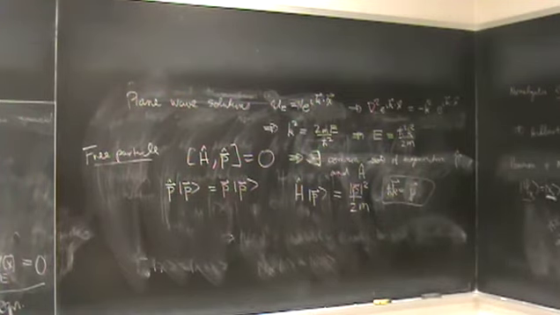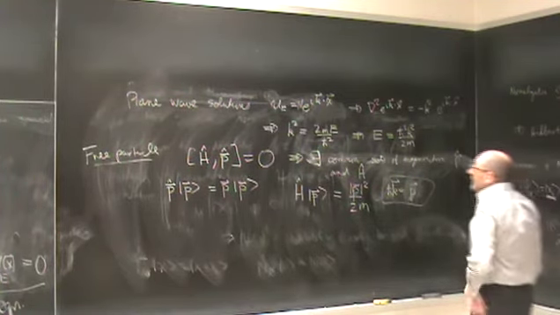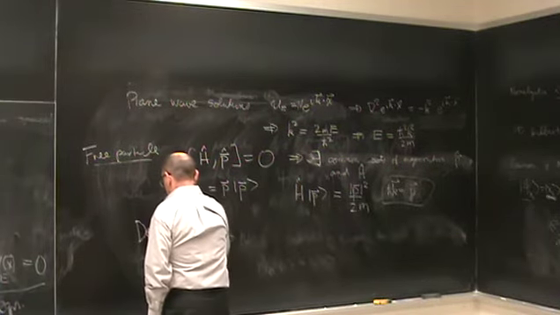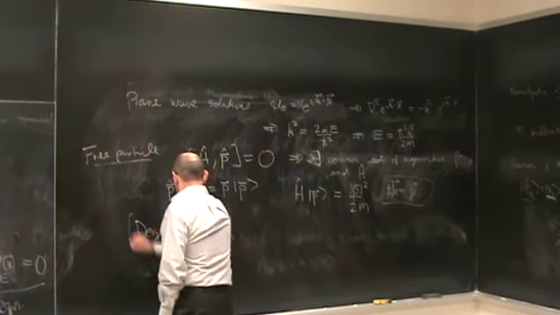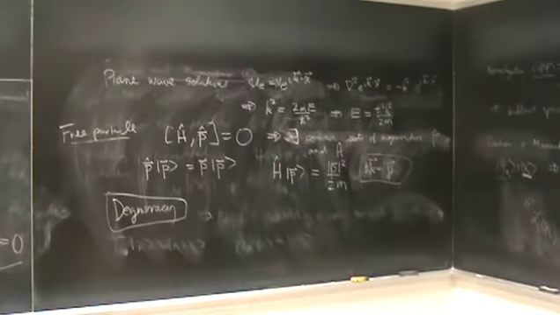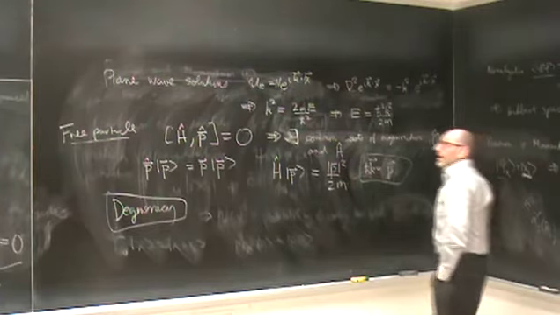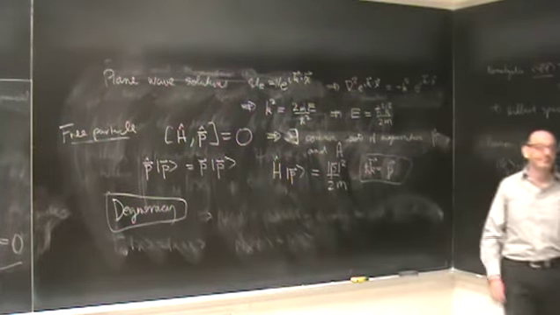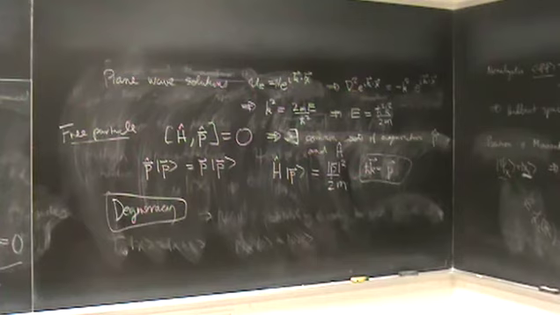Now, I should note here that there is degeneracy. Why is there degeneracy? What set of different energy eigenvectors have the same energy eigenvalue?